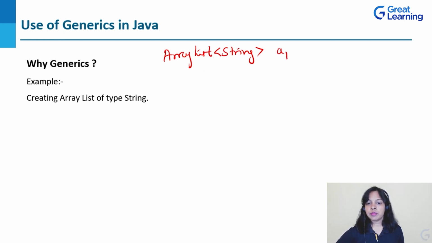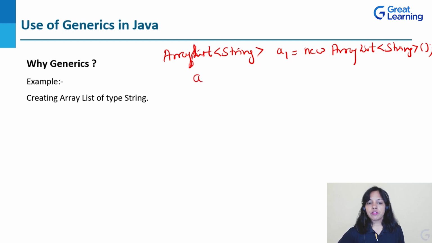And then I'll make an object for this using the new operator and the ArrayList constructor. And you can write String here, or you can skip this as well. So this is now the A1 object, which is of type String, meaning it is storing data of type String, but it is an ArrayList. This is together ArrayList.